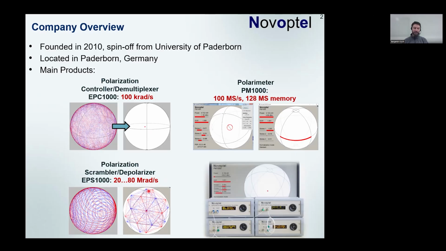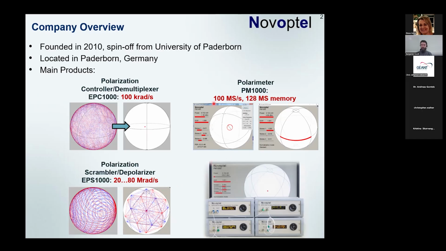This device can also create a cyclic pattern of polarization states, which might be useful, for example, for recirculating loop experiments, or also for measuring the Müller matrix of optical devices, which then contains the optical properties. And of course, we have our polarimeter, the part of our talk today that can measure the state of polarization and record it.